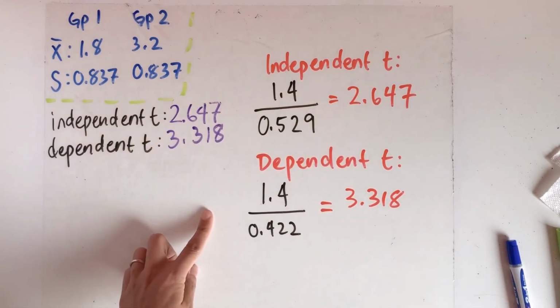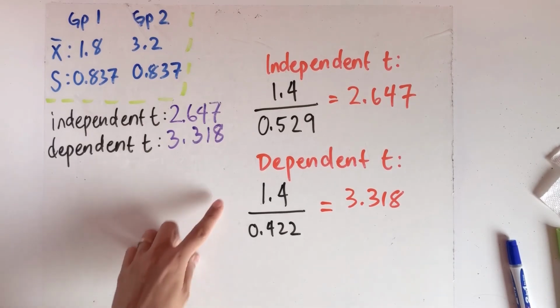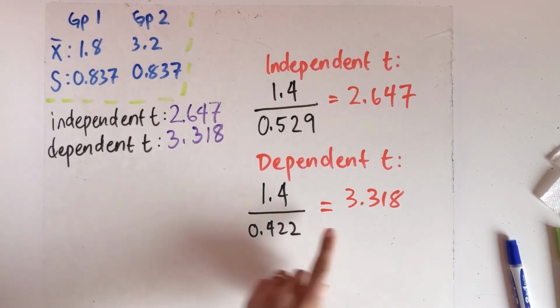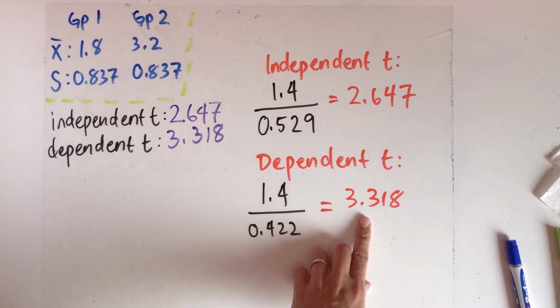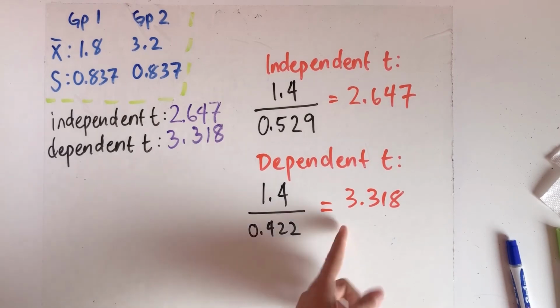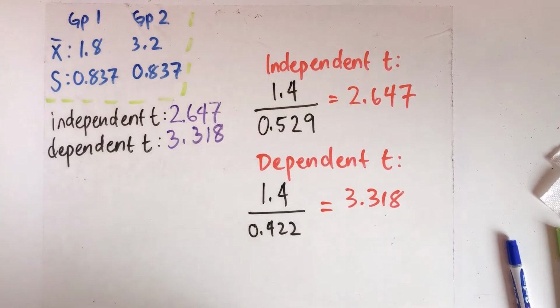However, when we viewed the data as paired, we computed our different scores and then our dependent t-test, we found that that was equal to 1.4 over 0.422, which was about 3.32. So the dependent t-test then is quite a bit more large or higher than the independent t-test.